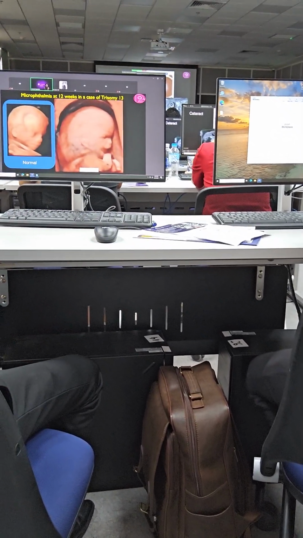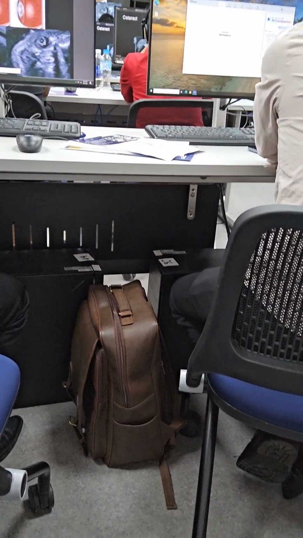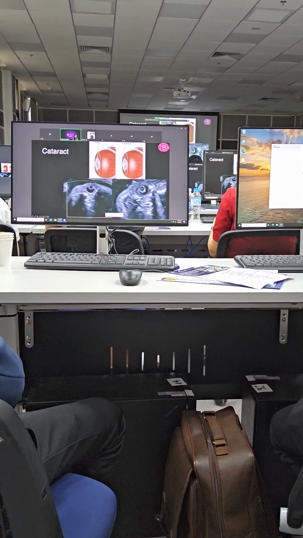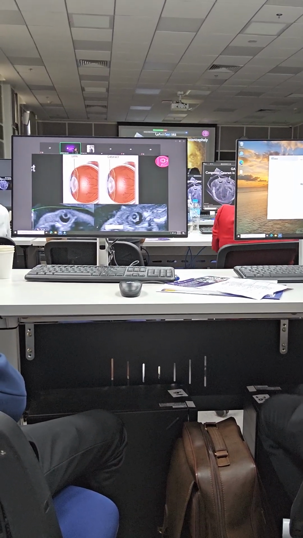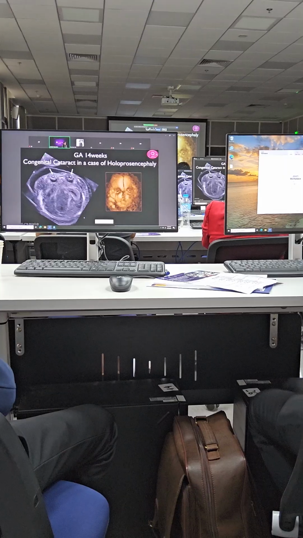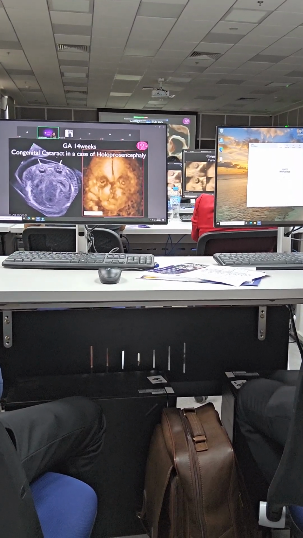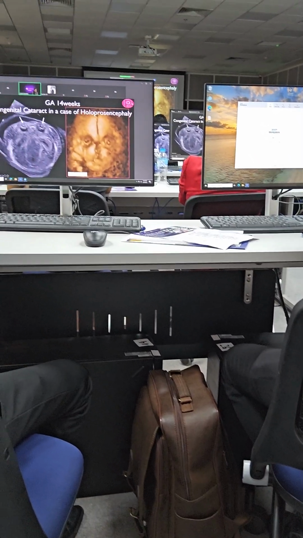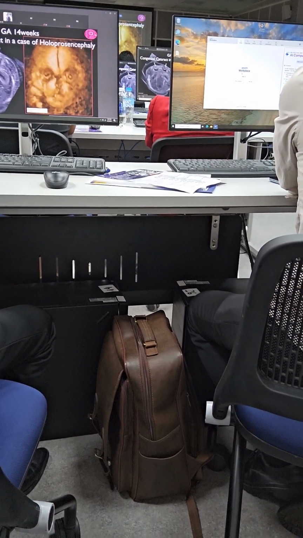Now, how about this? This is the normal one, normal lens, and then here you can see this is the fetal cataract. Okay, so this is at 19 weeks of gestation. And this one is 14 weeks of gestation. This is a congenital cataract bilaterally, and this baby has a holoprosencephaly.